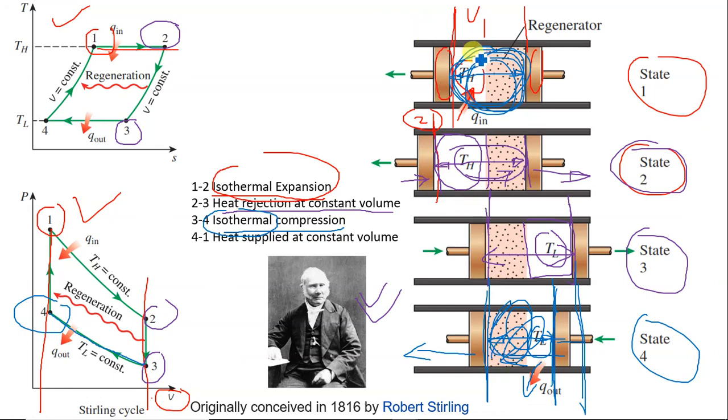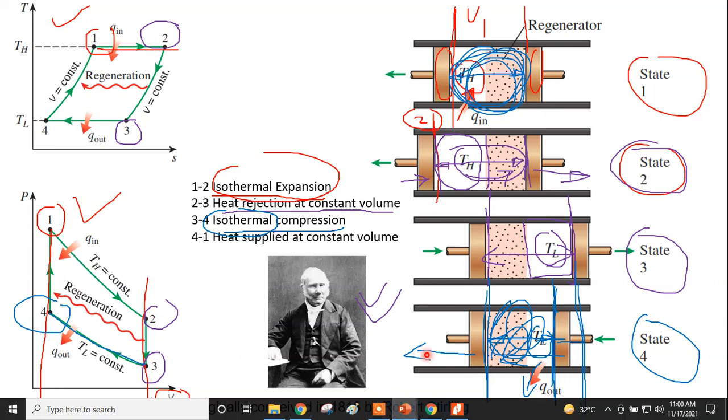Initially the temperature of the air was T-low, and as both the pistons move towards the left, the air having T-low temperature will move over the regenerator. That regenerator is at T-high temperature. Now the air will have the temperature of T-high, and will occupy state 1 again. The temperature of the air becomes T1, and the temperature of the regenerator drops to T0. In this way the regenerator works, and the Stirling cycle works.